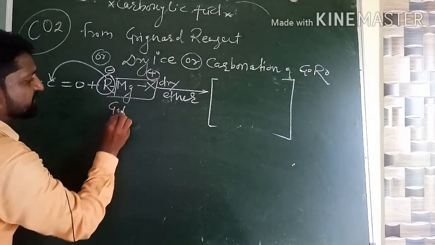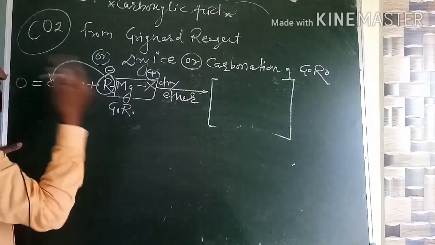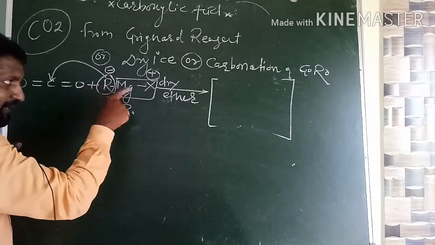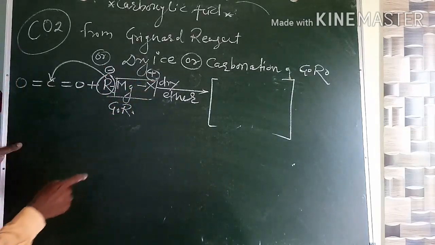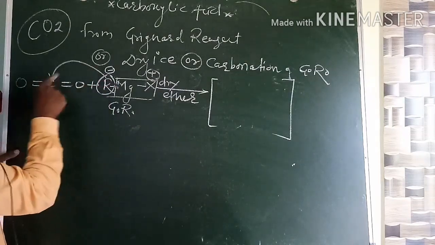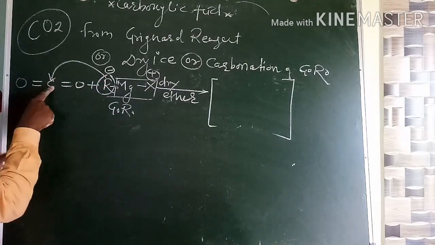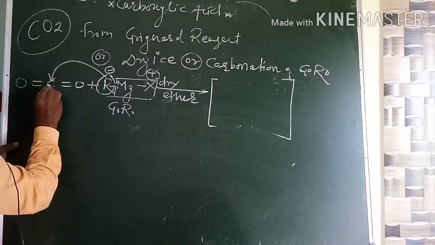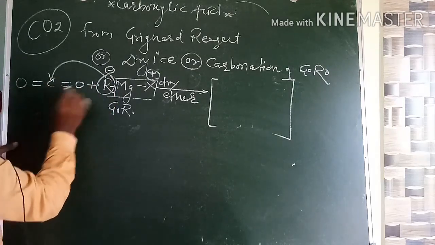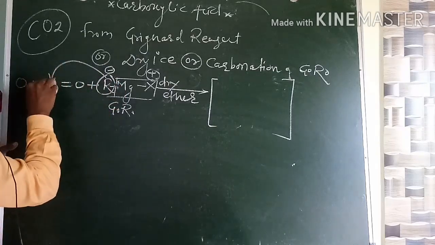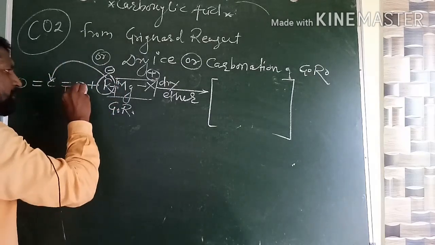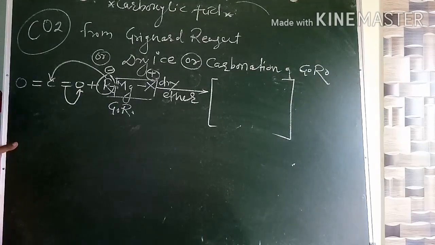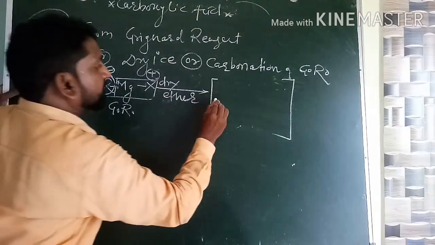In the Grignard reagent, alkyl or aryl part is negative and MgX part is positive. So as R attacks this carbon atom, it will attach here. Carbon is already tetravalent, so as soon as R attaches to this carbon atom, one of the bonds shifts onto the oxygen atom in the form of negative charge.